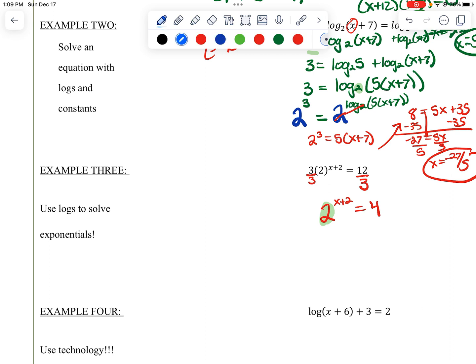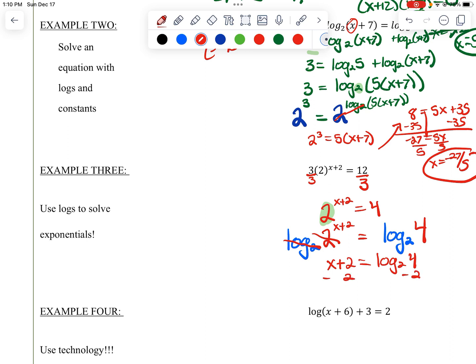So I can log each side, so log base 2 on each side of 2 to the x plus 2 equals log base 2 of 4, because then the base 2 and the base of our exponent cancel, and we have x plus 2 equals log base 2 of 4. Now here's the deal. If we said this was no calculator, or calculator, you could type that in and you'd say, okay, how do I solve for x? Subtract 2.